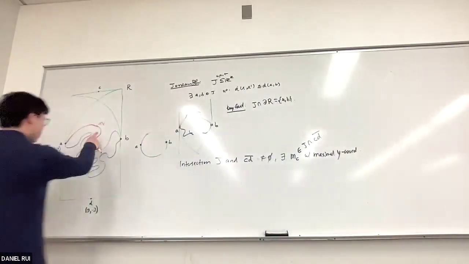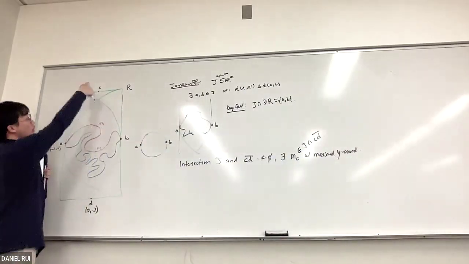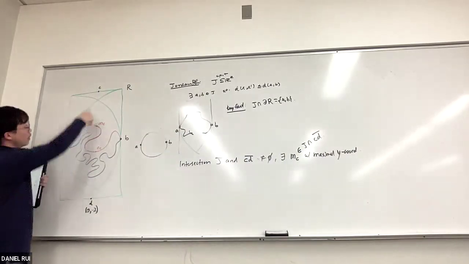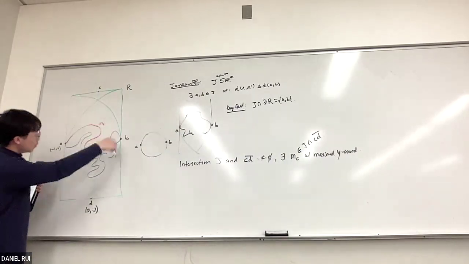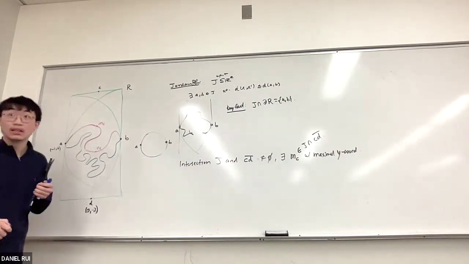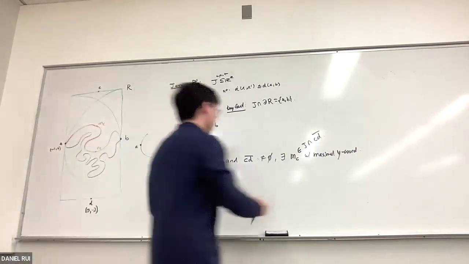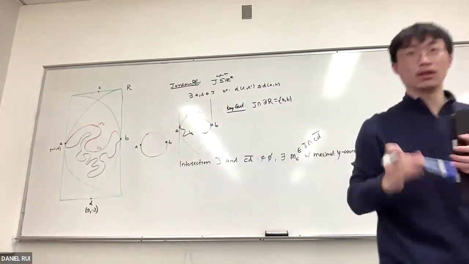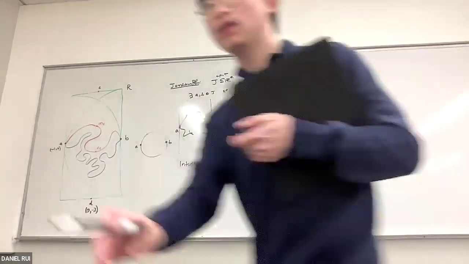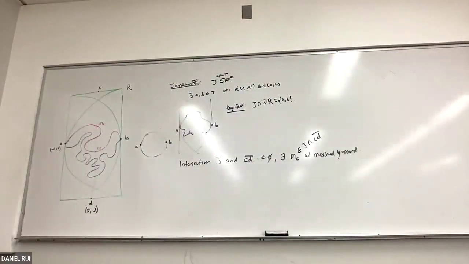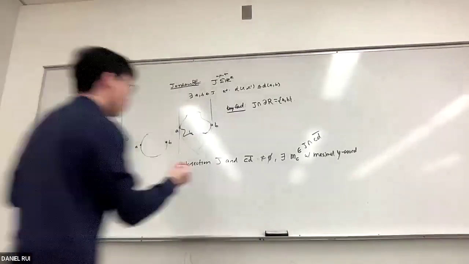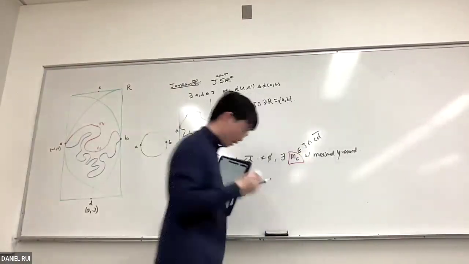So I've labeled it here. M_C is the highest point on this line that is on J and also on CD. Okay. So that's M_C. The red. That's M_C.